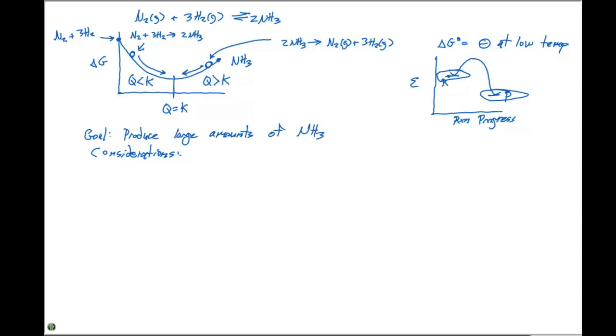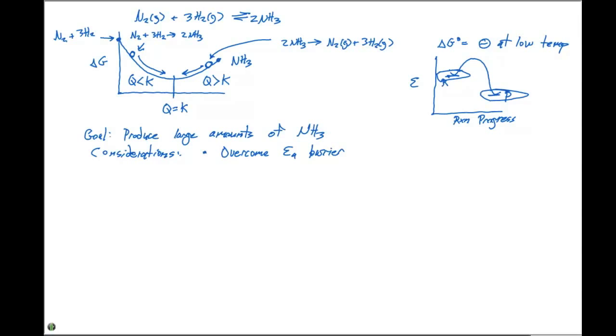But some of the considerations in this process: number one, we have to overcome the energy of activation barrier. From going from reactants to products, overall we're going to gain energy, but it might have to take a little bit of energy to do that first.